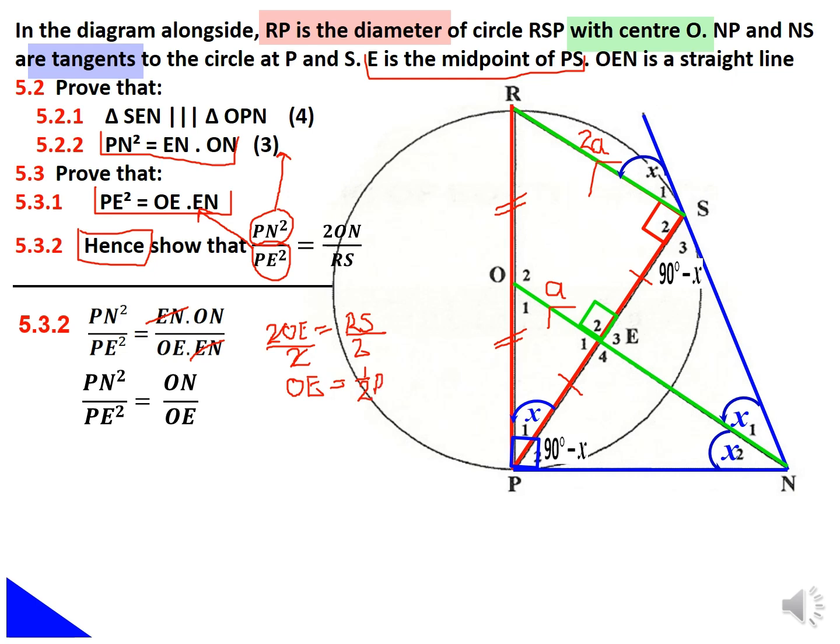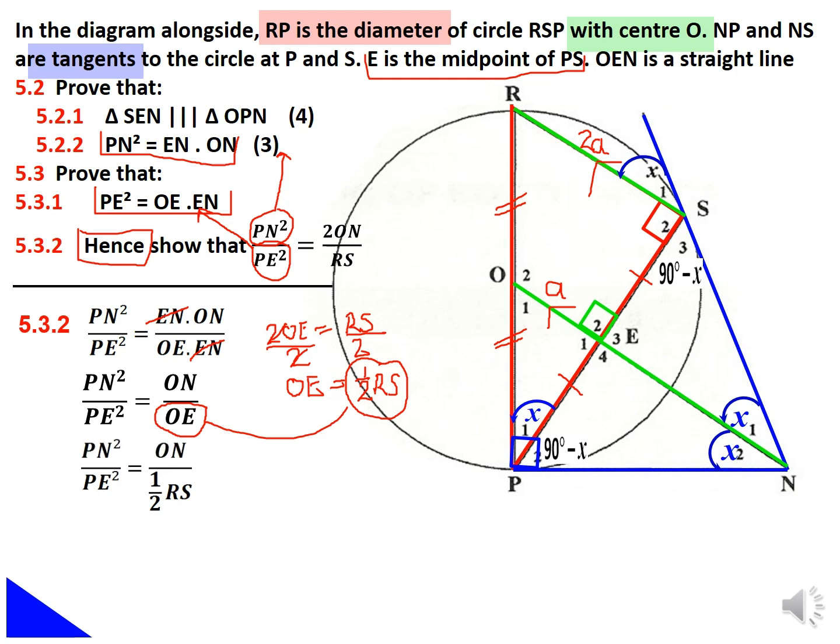And please take note, this is coming from the midpoint theorem. So what does it mean for us? It means in this expression, we take out this OE and replace it with half of RS because the two are equal from the midpoint theorem.